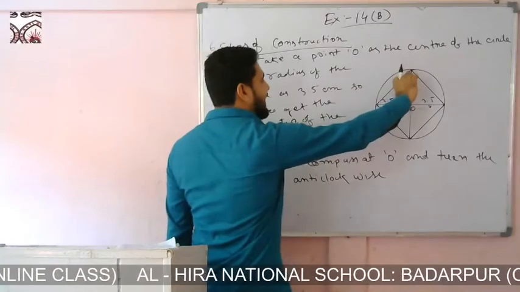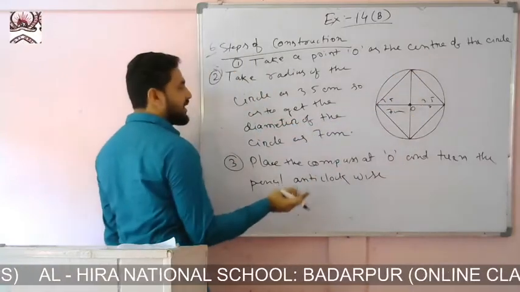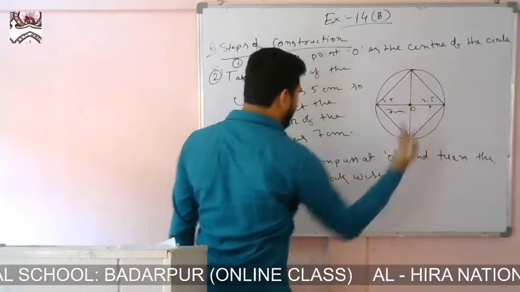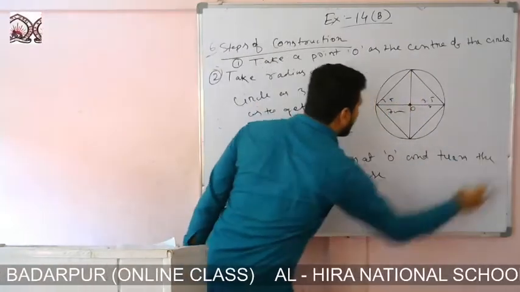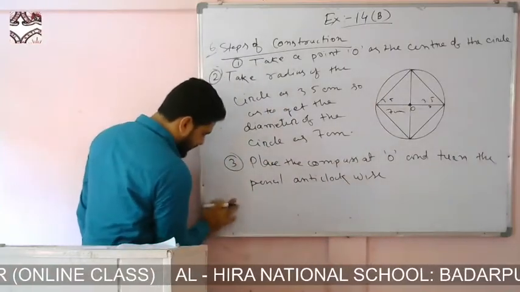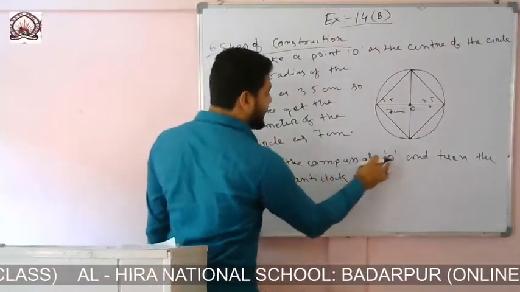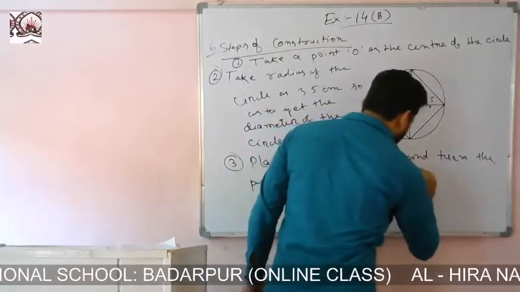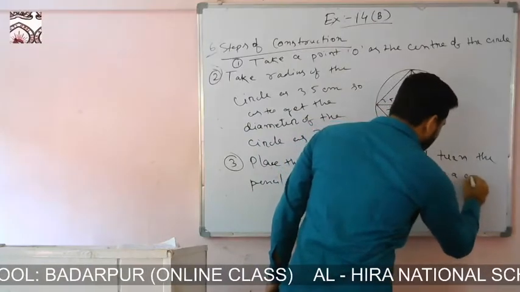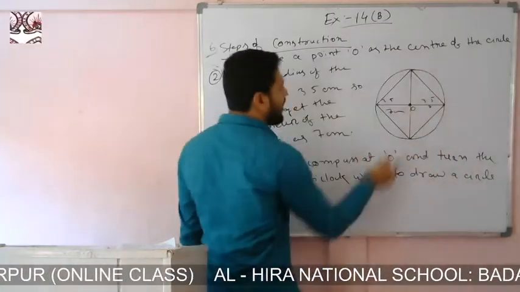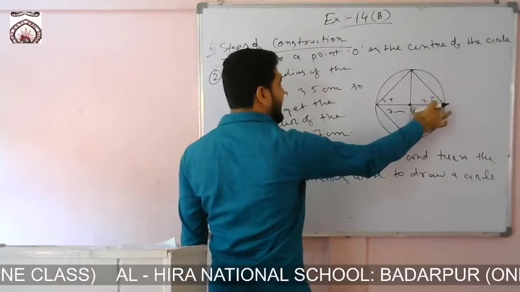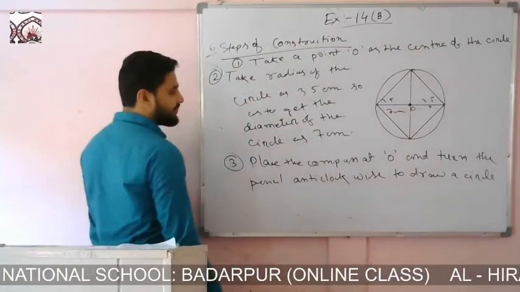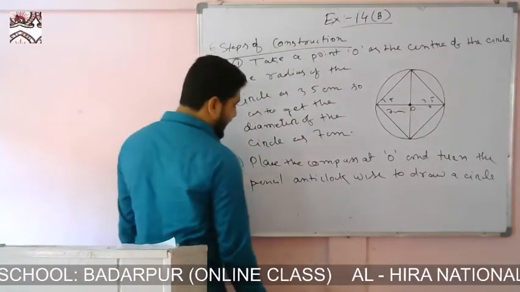You can turn the pencil clockwise also, as usual. Whatever you feel good, you do like this. Place the compass at O and turn the pencil anti-clockwise to draw a circle. So you put the compass here, take radius 3.5 and draw a circle.